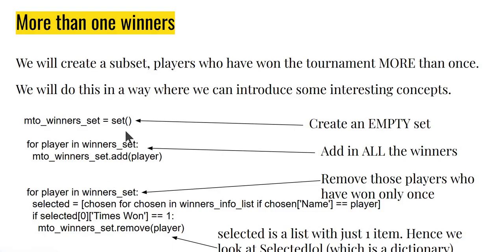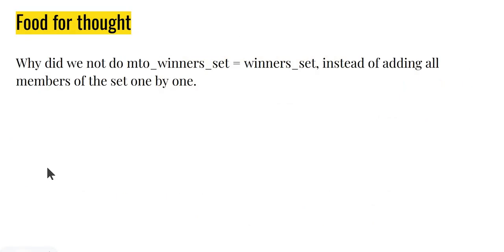So here I have intentionally created a deep copy without talking about it, but I did give you food for thought. We did not do this. Why did we not do this? The reason we did not do this instead of copying one by one is because this would have created a shallow copy, and that would have resulted in a problem when I ran the for loop. Again, think through this. Very interesting and very explicit when we see this in action.